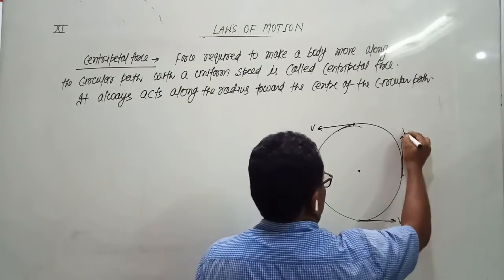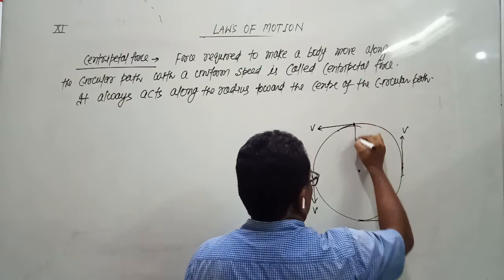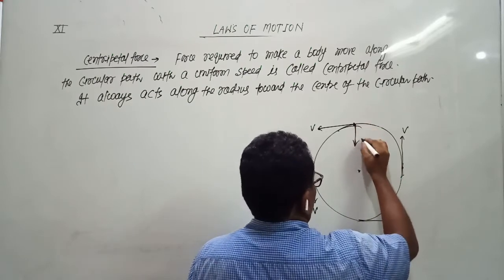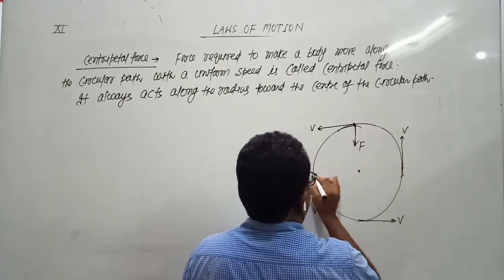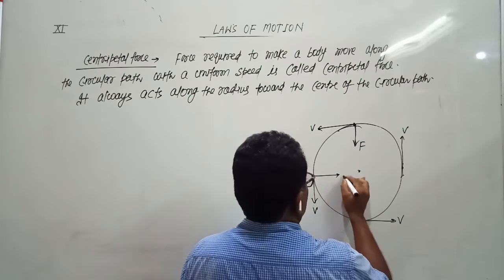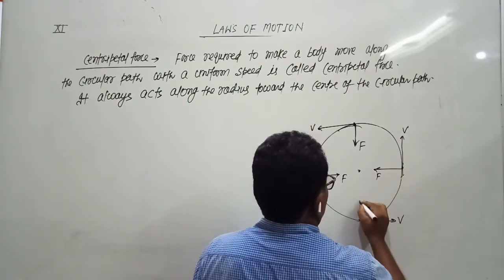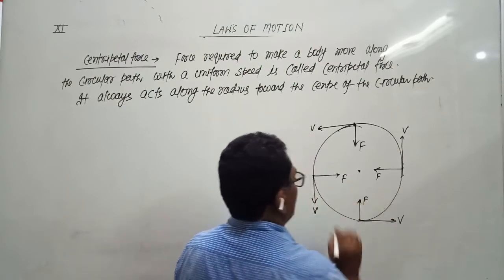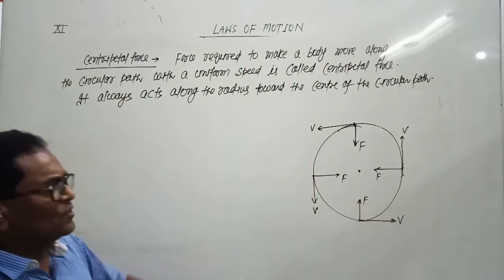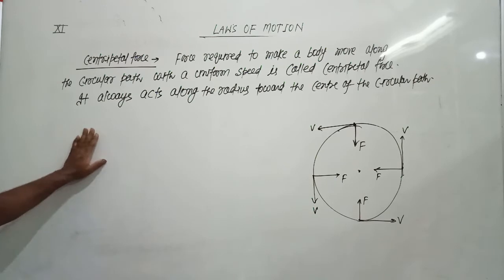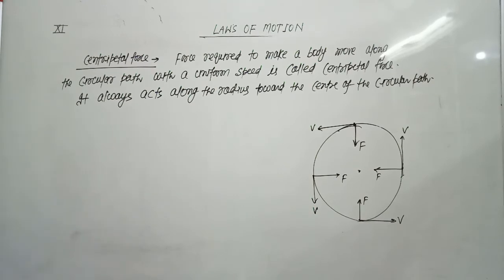V is the velocity, and the force acting is the centripetal force acting towards the center. F is the centripetal force. So centripetal force always acts towards the center of the circular path and along the radius.